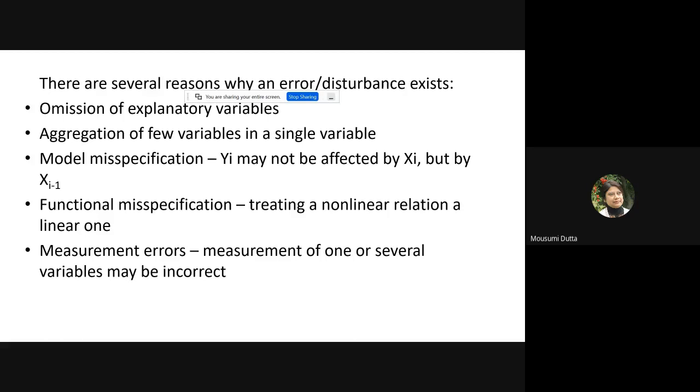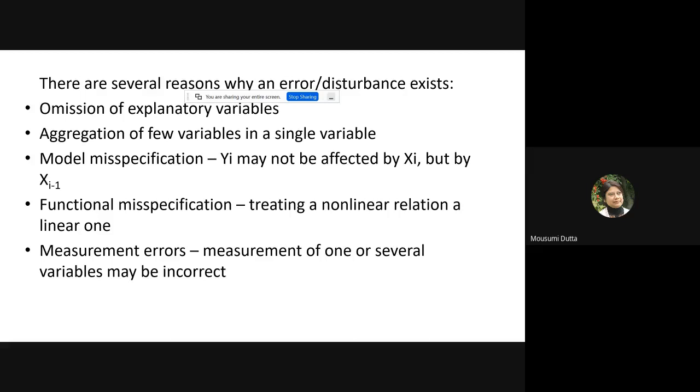What will be the absorption capacity of these variables? All these things will matter, and you are understanding that it is very difficult to have a perfect concept which really carries a number of things. So aggregation of a few variables is another problem. There may also be some issue related to model misspecification.